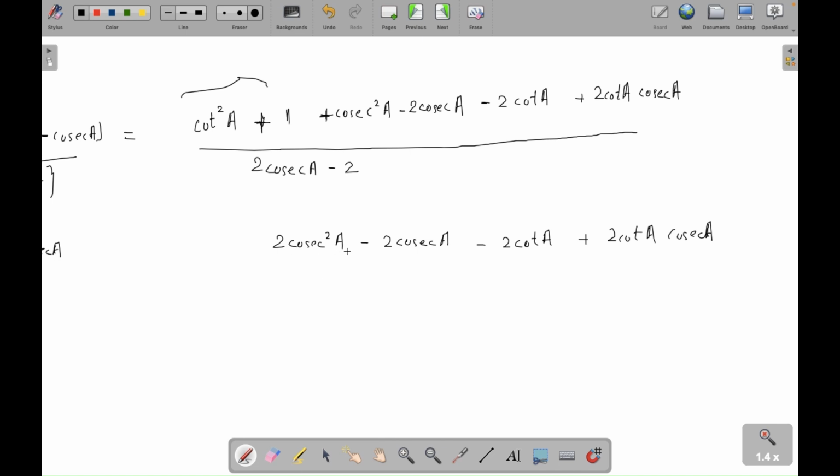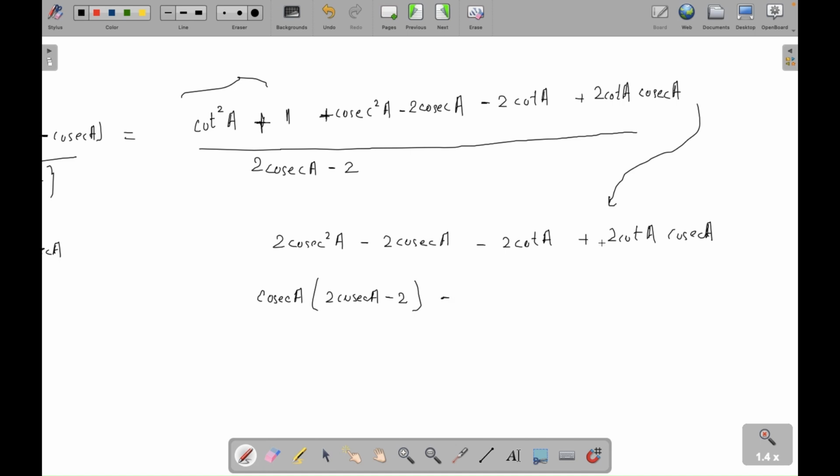If I take cosec A common, I'll get 2 cosec A minus 2 here. And if I take cot A common here, I'll get 2 cosec A minus 2. So I can factorize. I'm just solving for the numerator now. So cosec A common here, 2 cosec A minus 2.